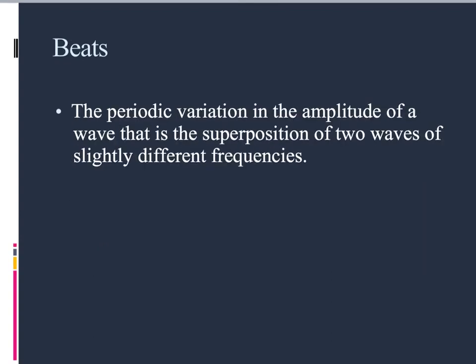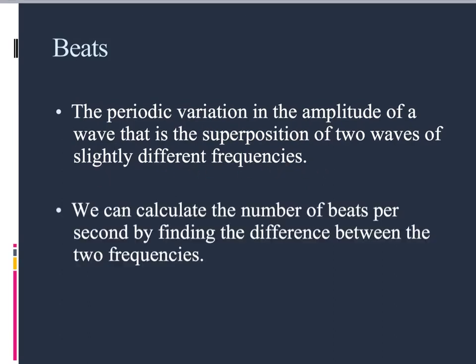And so I just want to give you the book definition here of beats. It's the periodic variation, which means changing, in the amplitude of a wave that is the superposition of two waves of slightly different frequencies. It can be harder to hear if they're greatly different frequencies. And that's because we can calculate the number of beats per second by finding the difference between the two frequencies.